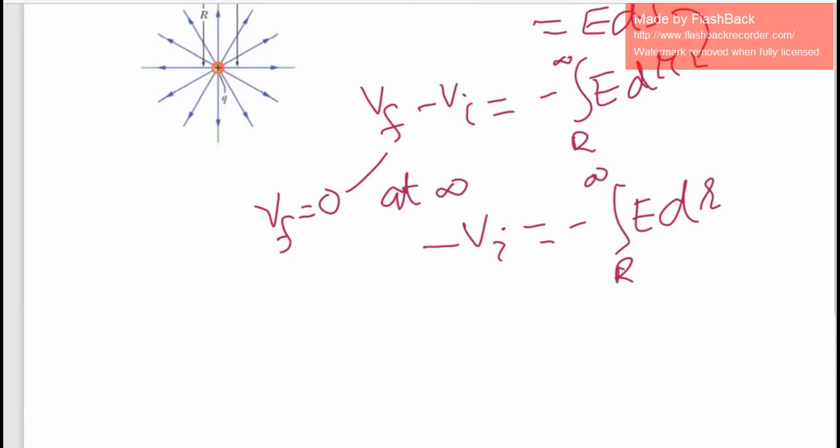So we all know that E is equal to 1 over 4 pi epsilon naught q over r square.